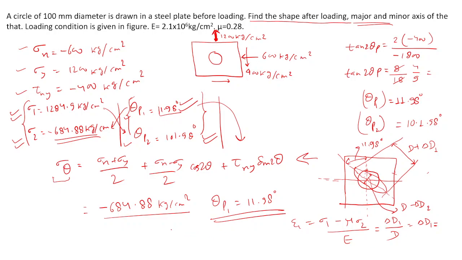And the same way, strain along epsilon 2 direction, what would this be? Delta d2 by d equals sigma 2 minus mu sigma 1 by E. So from here, let me know the value of delta d1 and delta d2.